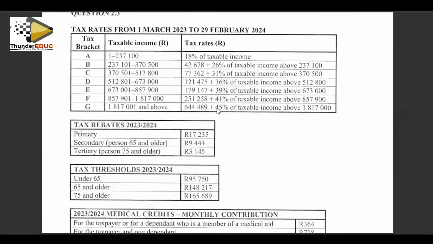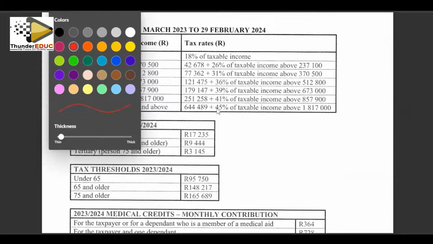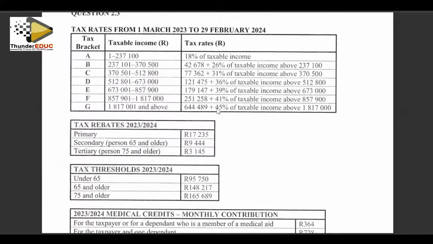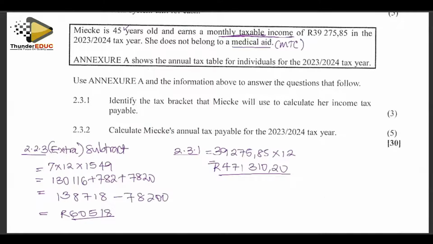This is what we are looking at. The person earns this much money. The value that we are looking at is 471,310, 22 cents. So you come here, you check, it can't belong here. It has already passed that, but it's in between this. So it's bracket C. Here they're asking which bracket it will be. Bracket C. Even if you said bracket 3, you could be right. All we need to know is, do you understand what's going on? Do you get the bracket correctly?